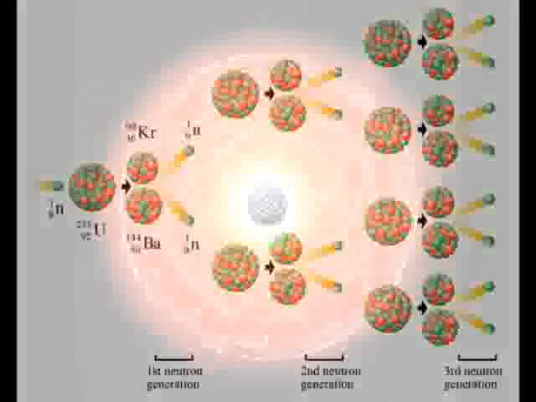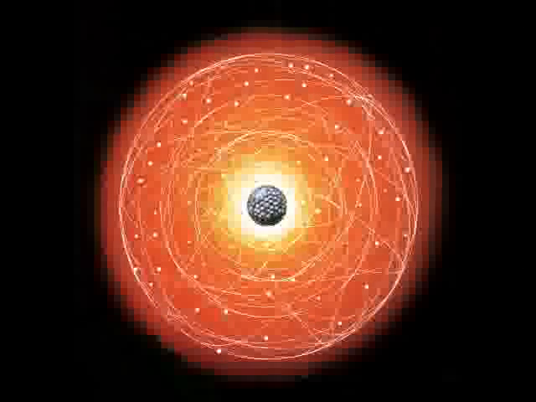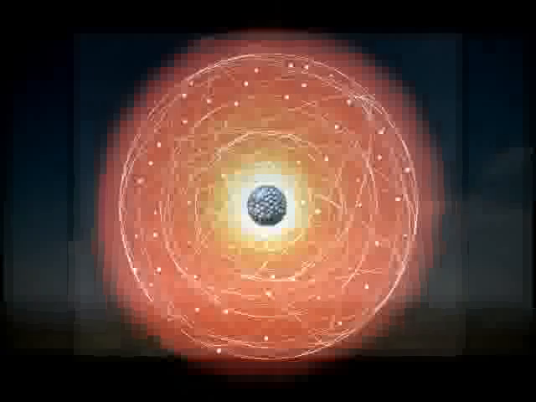In an atomic bomb, the purpose is to use uranium-235 and let the nuclear chain reaction continue by itself uncontrolled.